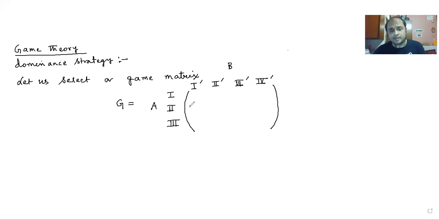It is just for understanding the mathematics, how to apply dominant strategies to this matrix. The values given are 10, 0, 7, 4, 2, 6, 4, 7, 5, 2, 3, 8, 5, 2, 3, 8. Okay, so this is the matrix.